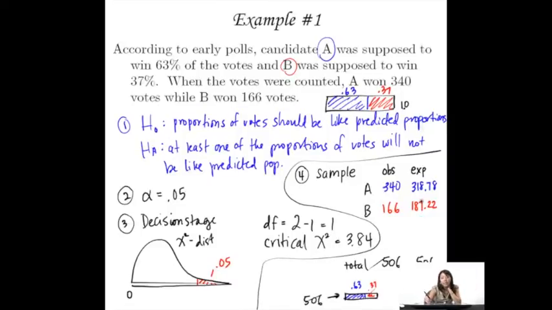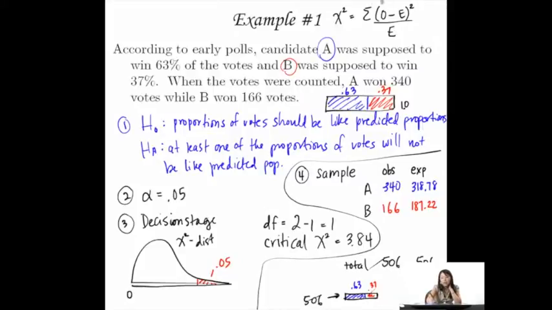And in order to find that, we need to find the sample's chi-square. Now, I've completely run out of room here, but I'll just write the chi-square formula up here. So the chi-square is going to be the sum over all the categories of the observed frequency minus the expected, squared, as a proportion of the expected frequencies, right?